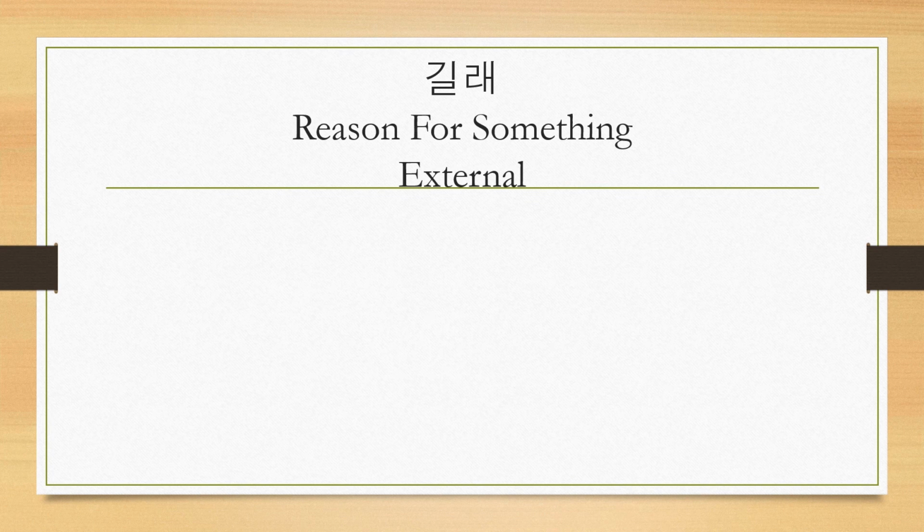So here we have 길래, and this falls under reasons for stuff. There's so many different ways to show reasons in Korean, and this one is very rarely used. I don't think I've really come across this much in reading Korean or listening to people talk, but it is good to know what it is.